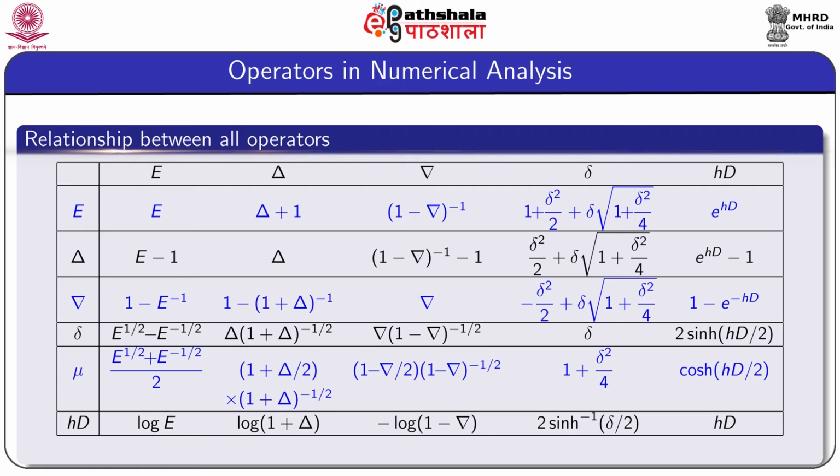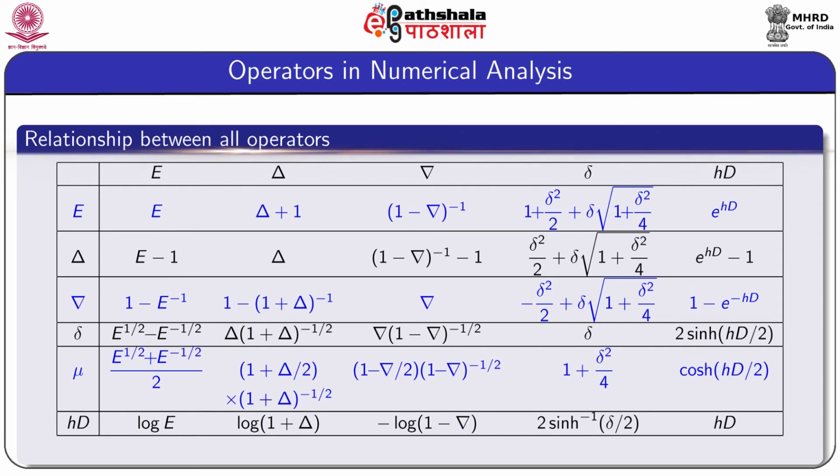Now, this slide gives the relationship between the operators discussed in this module, and here we show that each operator can be expressed in terms of other operators. The first line shows that the operator E can be written in terms of the forward difference operator delta, and we say that E is equivalent to delta plus 1, which was already proved in a previous slide.